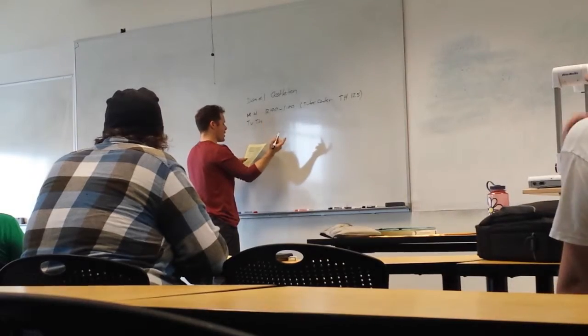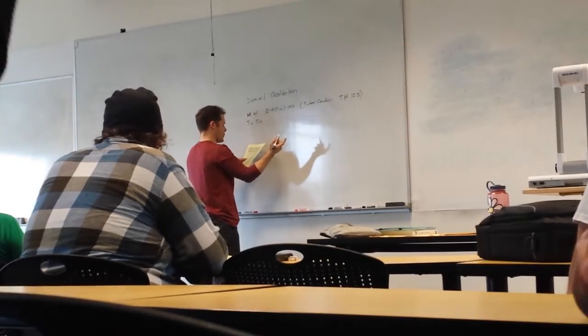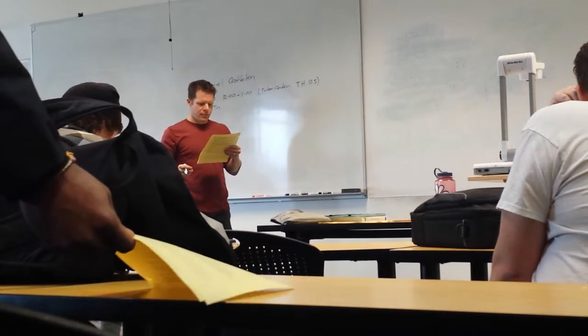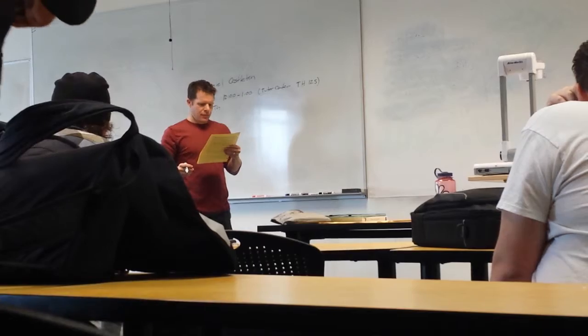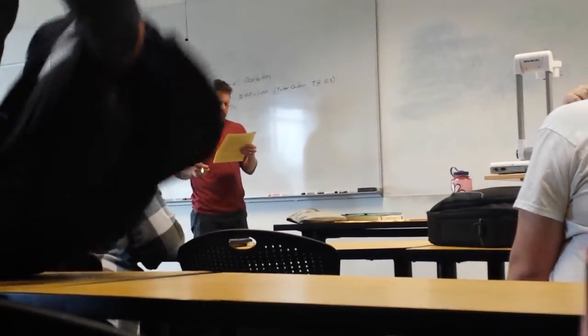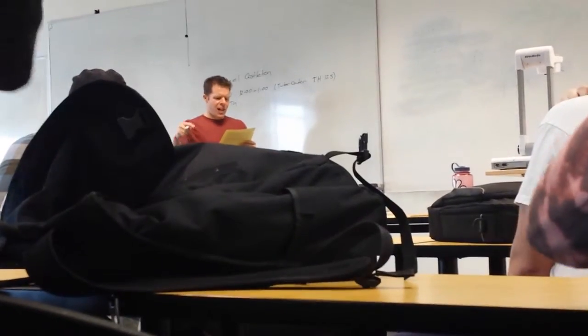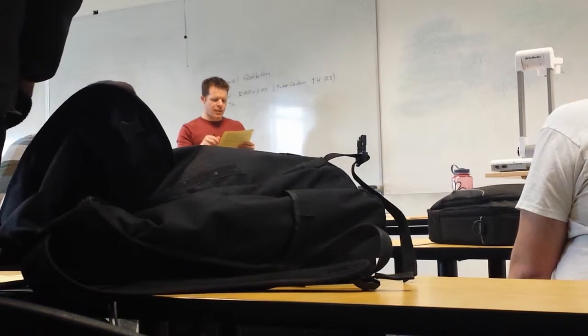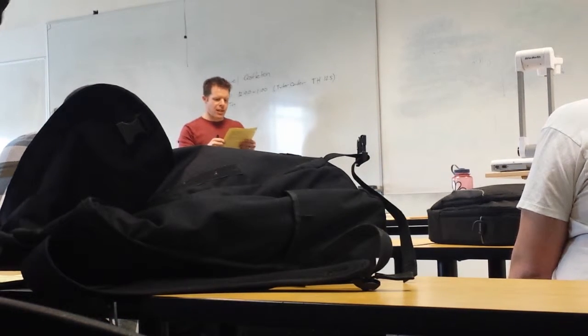Tuesday, Thursday, it's actually in my office. And Tuesday today, yeah, 4:30 to 5:30, that's our class time, isn't it? But then I have a class that starts at 4:30 on Tuesday, so that is going to have to change.